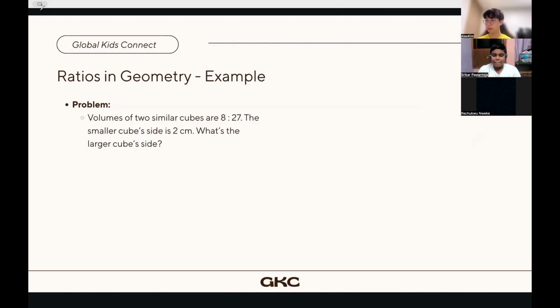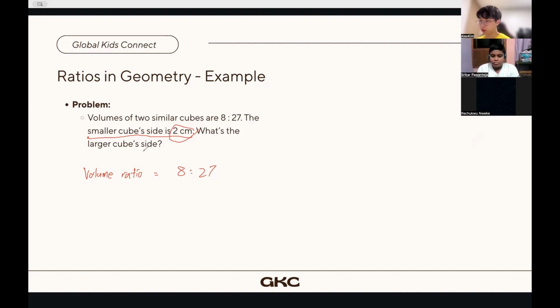So automatically we're given a volume ratio, and this volume ratio is 8 to 27. The question also says that the smaller cube side is 2 centimeters, so we'll just keep this for now. The final thing that the question asks for is: what's the larger cube side?